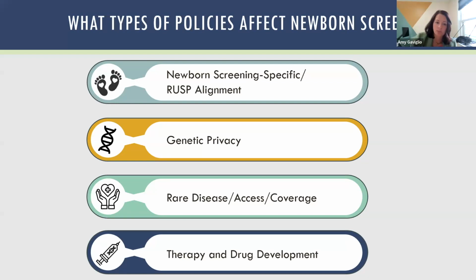And then finally, we'll talk a bit about policies related to therapy and drug development, because these are really important in essentially kind of feeding into the newborn screening system. So the idea behind that is that diseases that have effective pre-symptomatic treatments available are more likely to meet criteria for inclusion on newborn screening panels. So it's important for us to kind of think and watch this upstream policy area as well. Next slide, please.